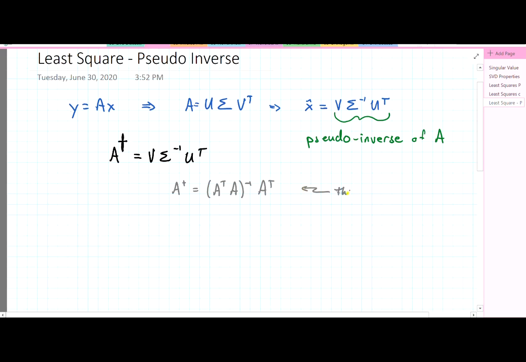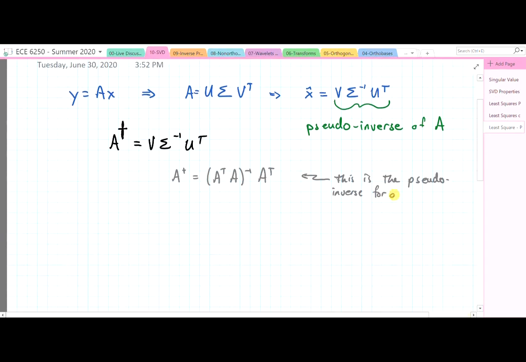So this is the pseudo inverse for a full rank A with m greater than n.